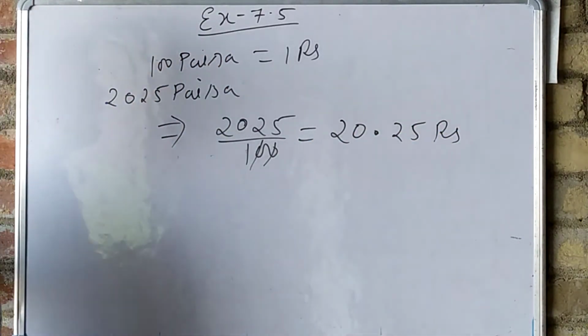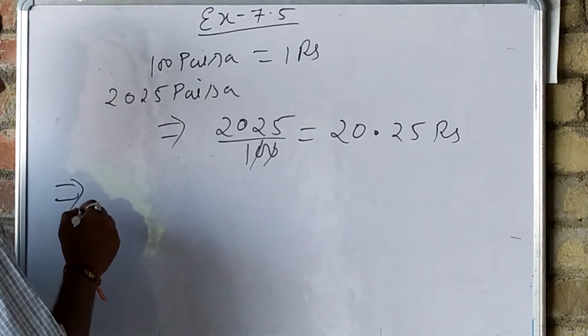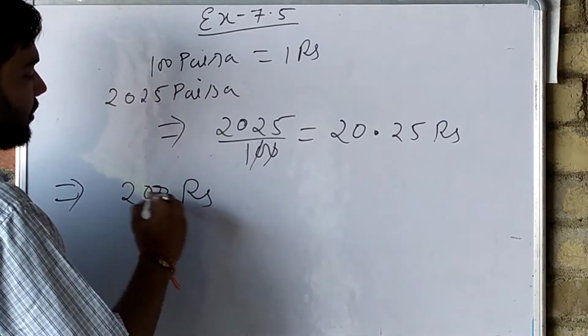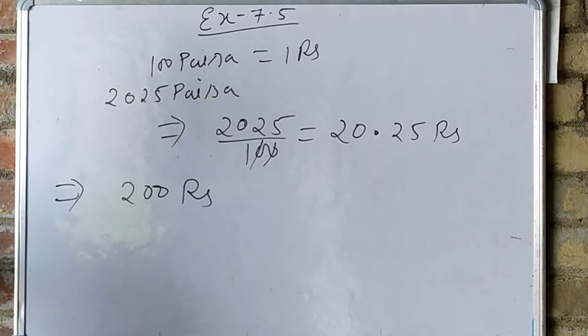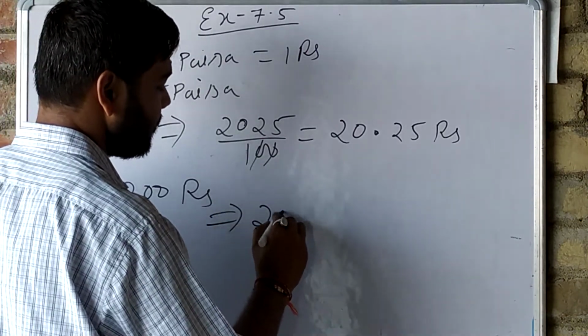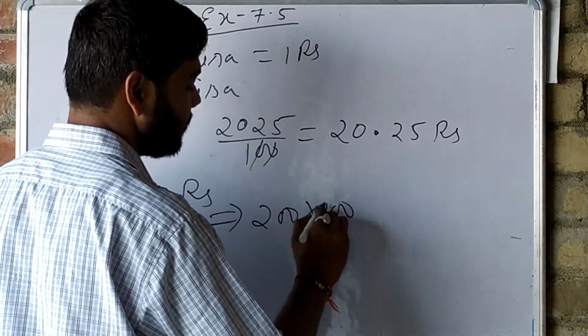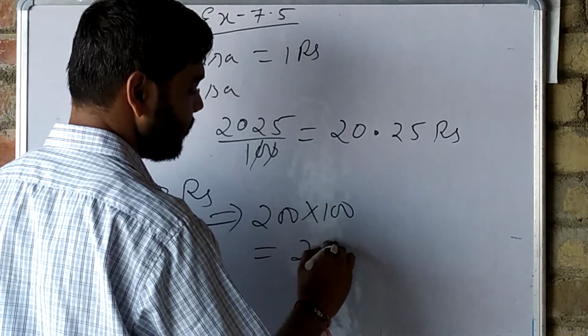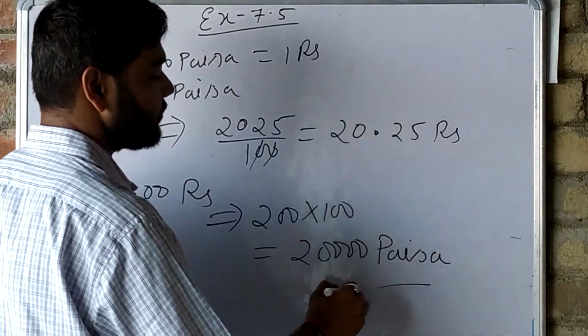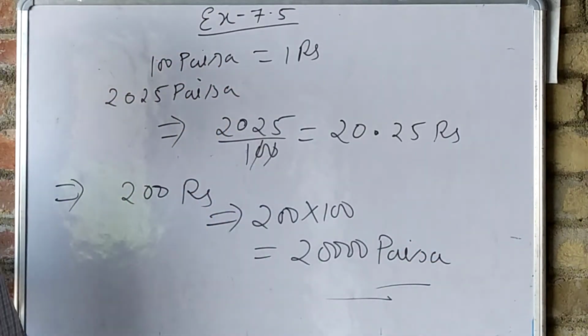And when we convert rupees to paisa, what happens? Like we have 200 rupees and we have to convert it into paisa. So we will multiply by 100. It will be 20,000 paisa.